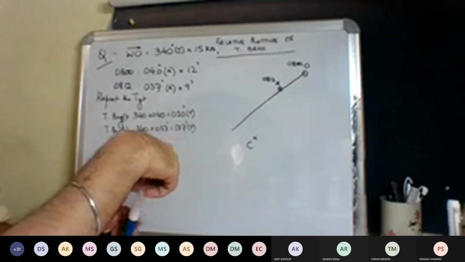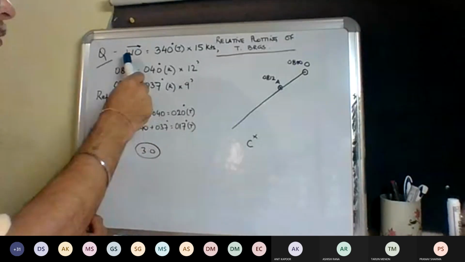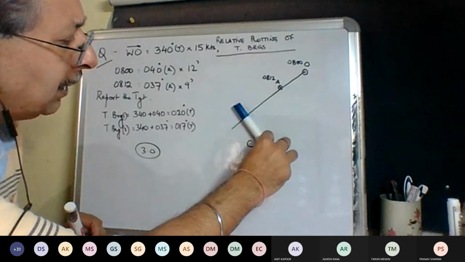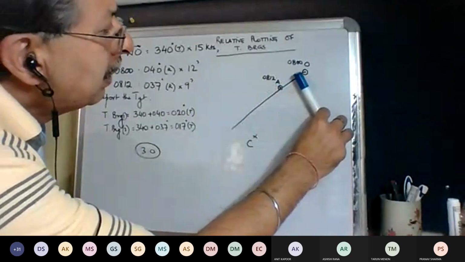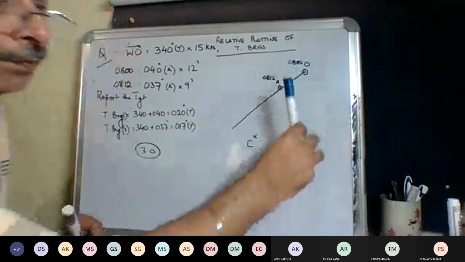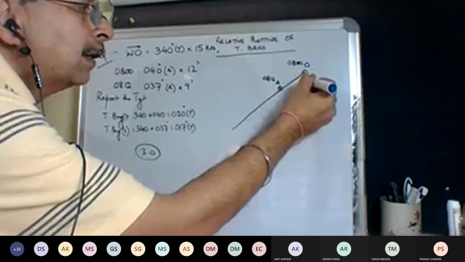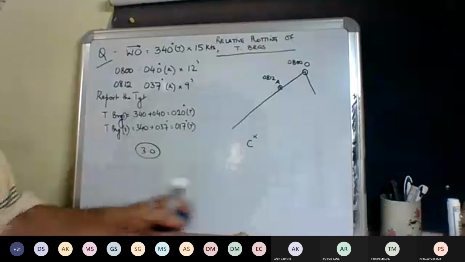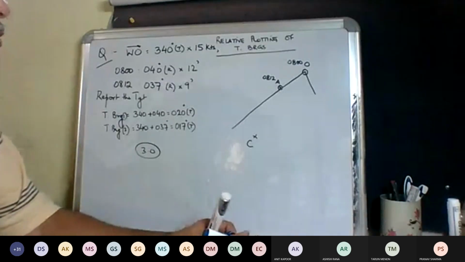And now W to O should be 340. So put your ruler through Charlie at 340 and transfer it very carefully through O and draw a reverse line. W to O should be 340.